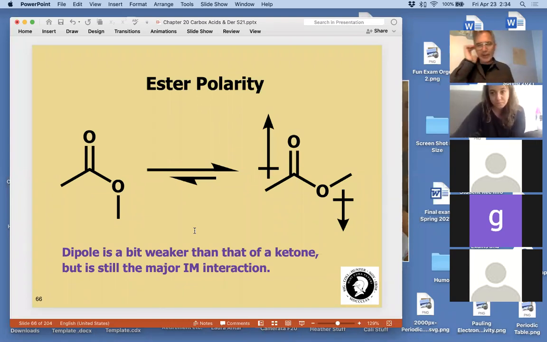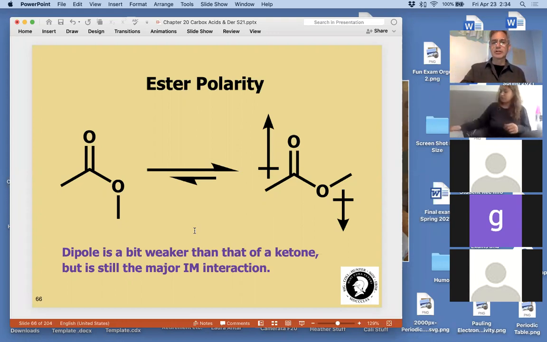Okay, so for carboxylic acids, I hope I convinced you they don't have as good a dipole as ketones, but they have higher boiling points because of hydrogen bonding. Esters, now the dipole becomes important. There is no hydrogen bonding in an ester. There's no OH group anymore. It's just the dipole, and it's weaker than a ketone. So guess where the boiling point comes?